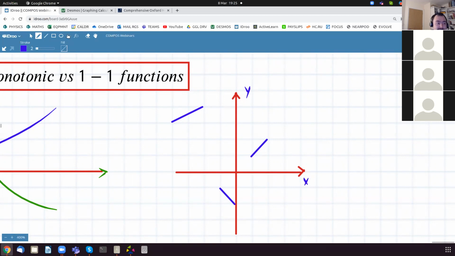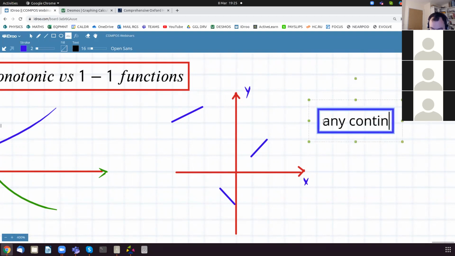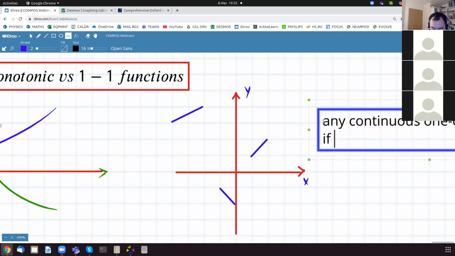But you can safely say any continuous one-to-one function is monotonic. Is strictly monotonic.